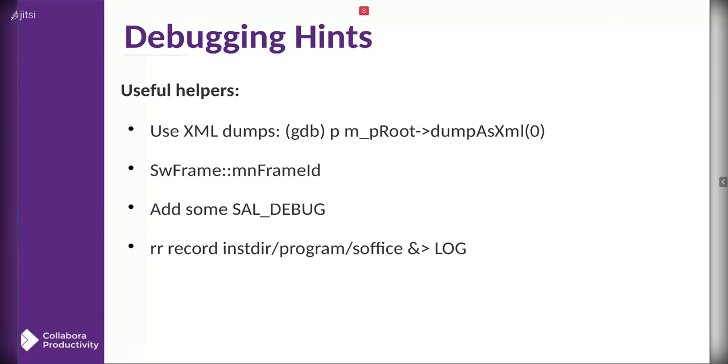One thing that's very useful is the XML dump function on the root frame. You can call dumpAsXml with a null pointer, and this will create a layout.xml file in the current directory, and then you can look at the whole layout in a rather simple format.